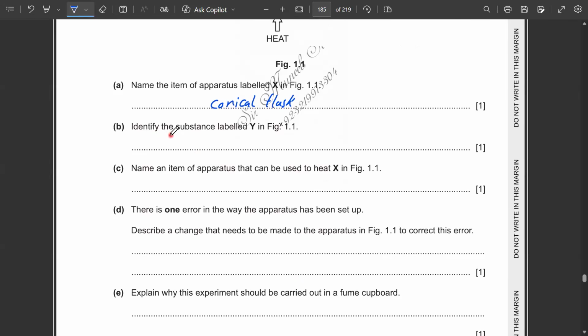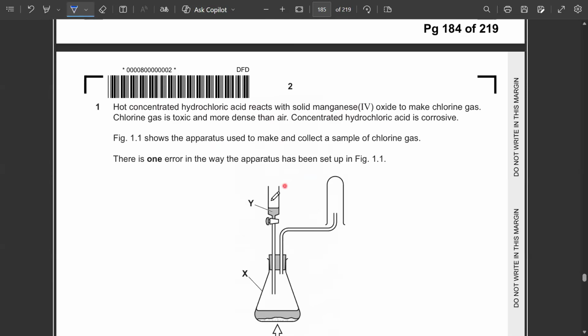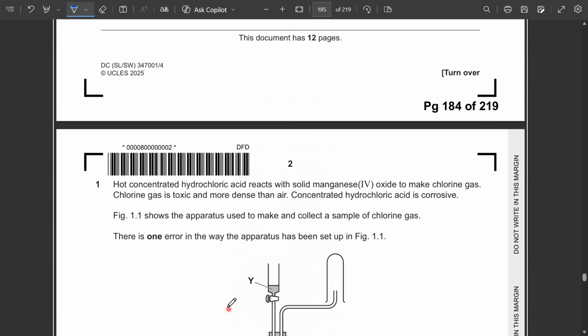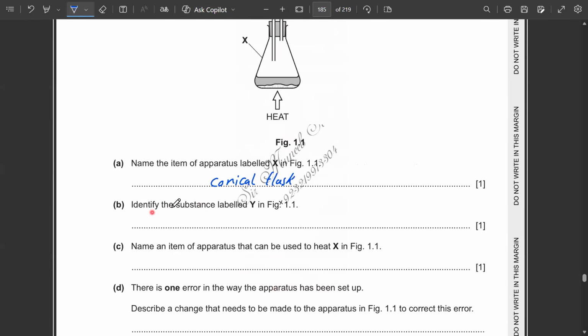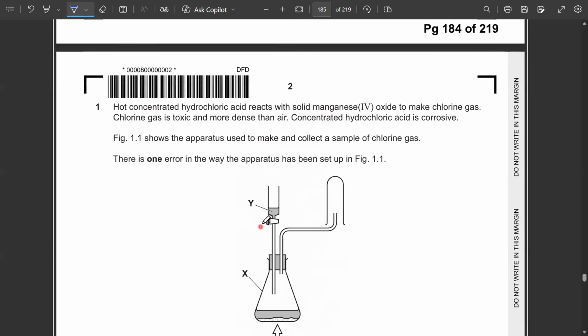Identify the substance labeled Y in figure 1.1. So apparatus Y here. We need to identify the substance labeled Y. Be careful, they are not asking for the apparatus name, they are asking for the substance which is present inside this apparatus.